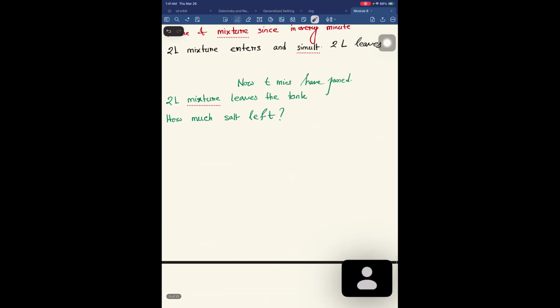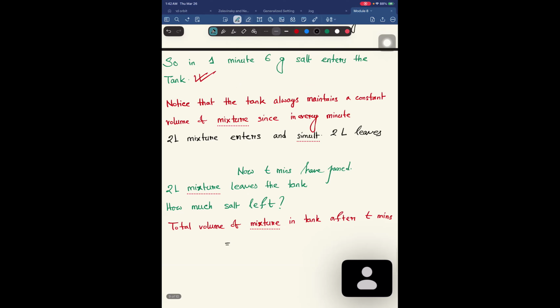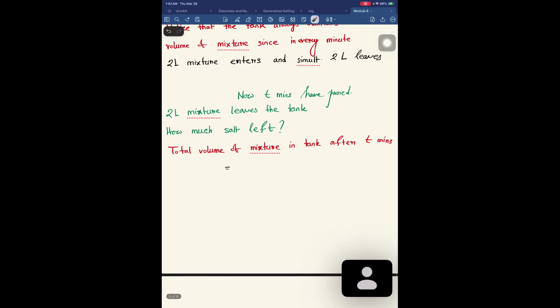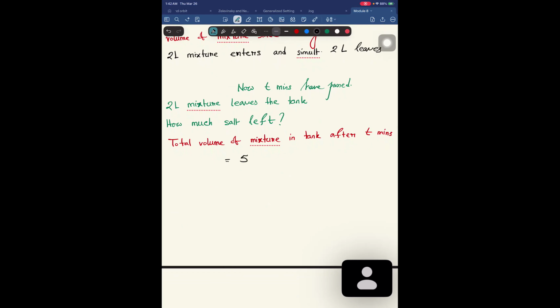So what is the total volume of mixture in tank after t minutes? See, we just said that there is no net change of the volume in mixture. This is still 5 liter.